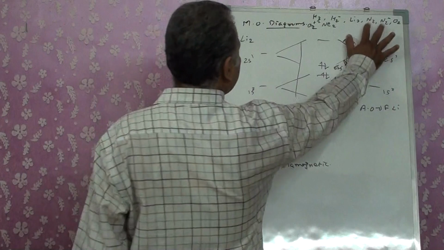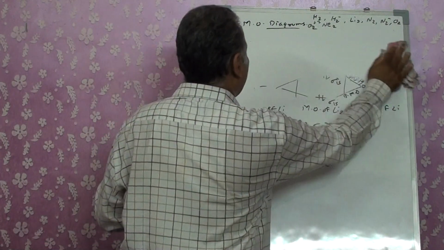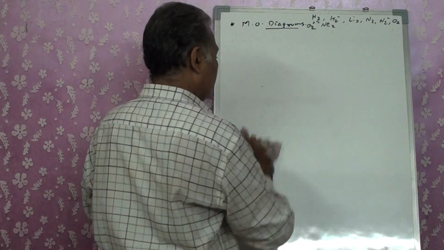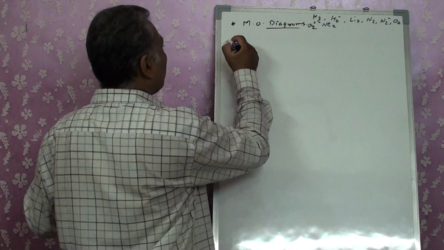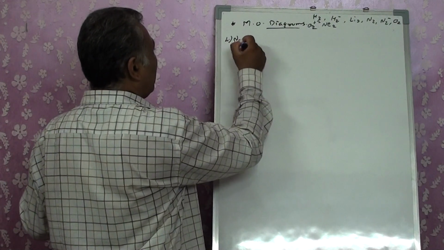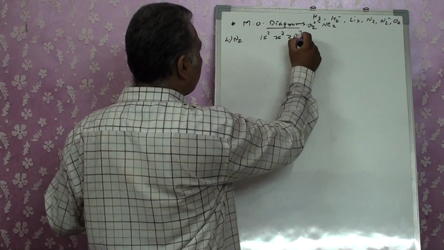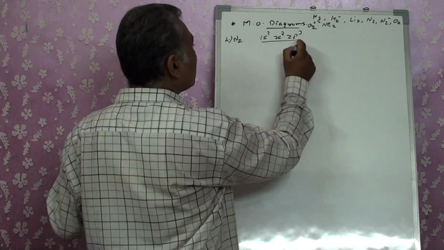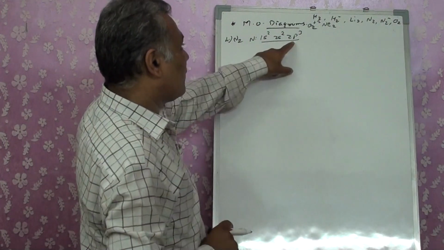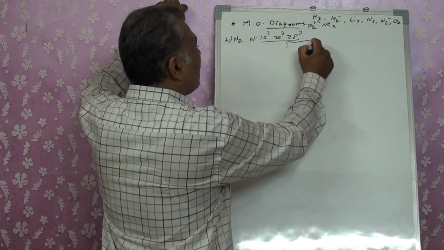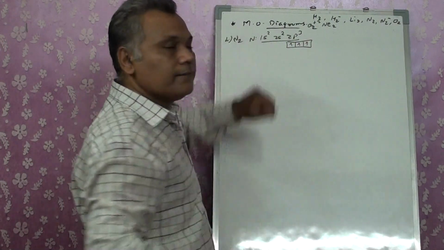The problem arises when we go for this. First of all, we'll do it for N2. See, 1s2, 2s2, 2p3, that is the configuration for the nitrogen atom. Up to 3, that means all the 3 electrons present over there are unpaired.